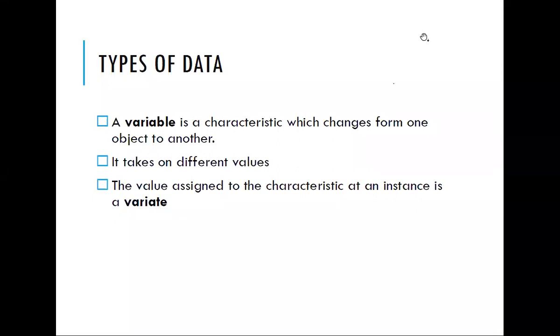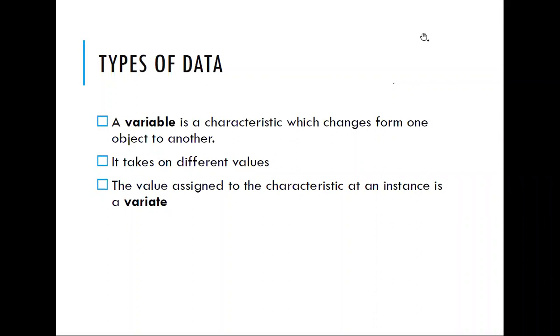A variable, as you see on the slide, is a characteristic which changes from one object to the other. If I come to, let's say, Freeman, and I assign the questionnaire, and question one is gender, once he takes it, he will take male. But on the other hand, when Candy is taking this questionnaire, she's going to take female. You understand?